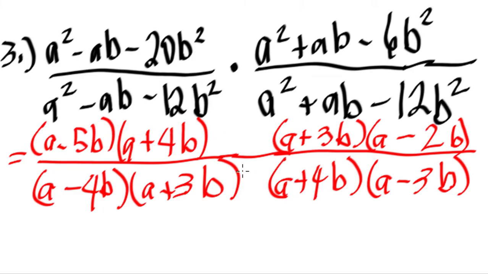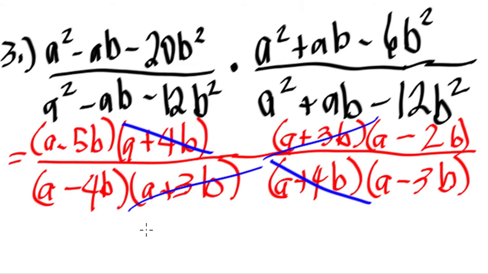Maybe we can think of that for a moment. Okay, first we can see that we can cancel a plus 3b and a plus 3b over here. Next, we can see that we can cancel a plus 4b and a plus 4b over here. And yeah, those are the things that we can cancel.